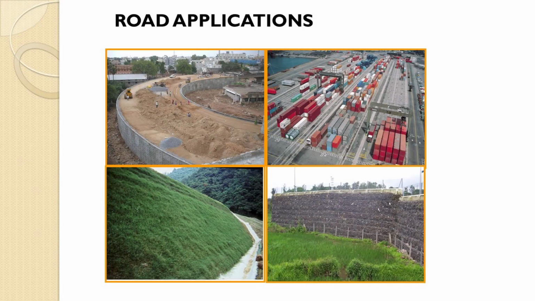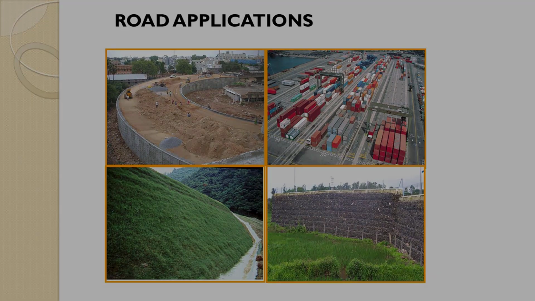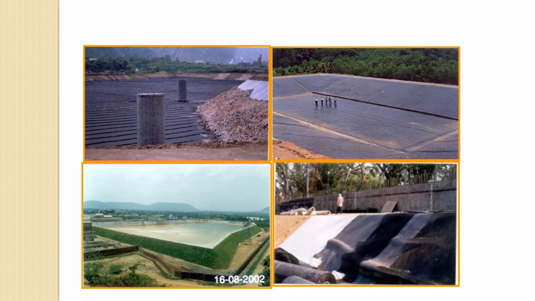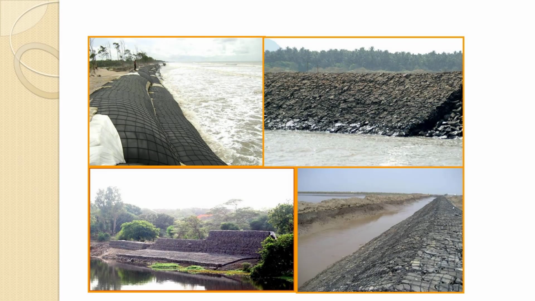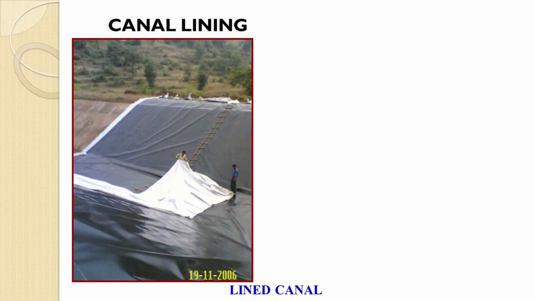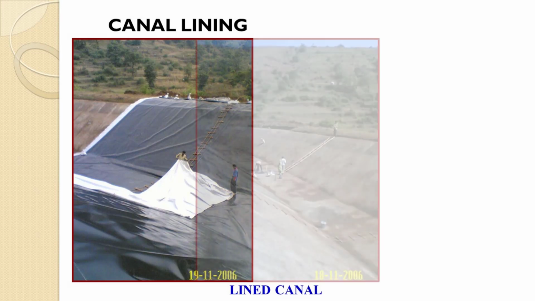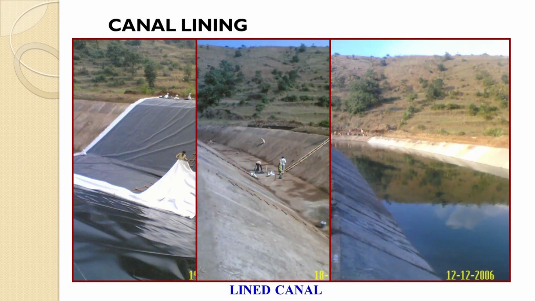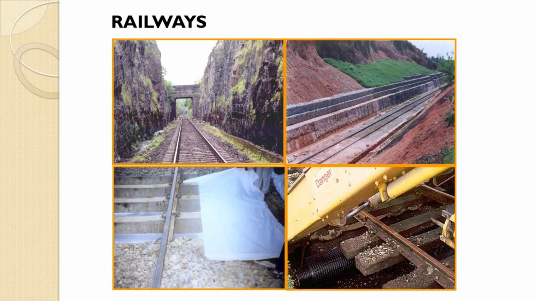So, road applications, you say reinforced soil wall, hard standing, slopes, then Gabion fascia walls, then landfills of different types, coastal protection with Gabion, with geotube, with Gabion with different kinds of structures, canal lining, then rockfall protection adjoining a railway line, erosion control, and track bed stabilization.